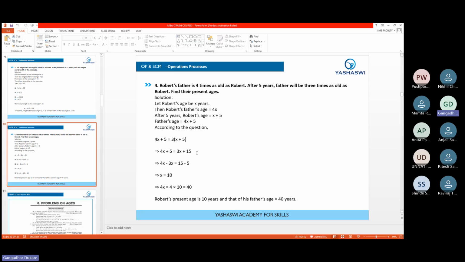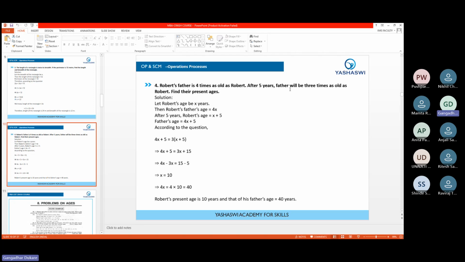It is not easy to find the values of ages; preparing the equation takes some time. Once you prepare the equation, it is easy to find the value of the numbers. Let's see: Robert's father's age is 4 times as old as Robert.